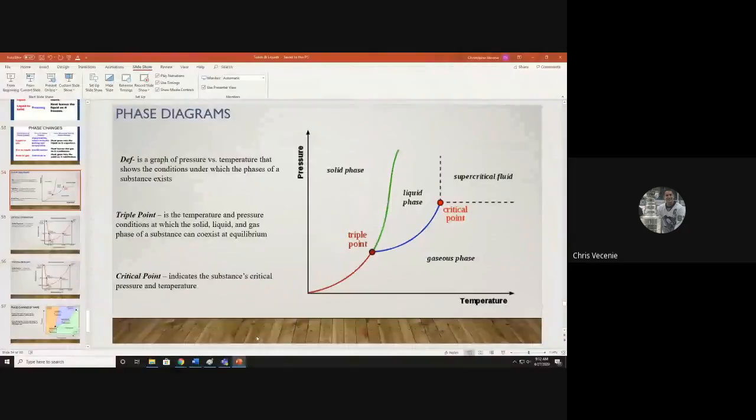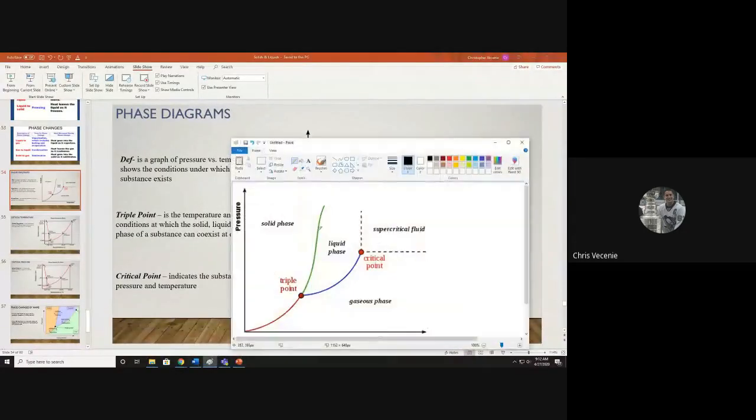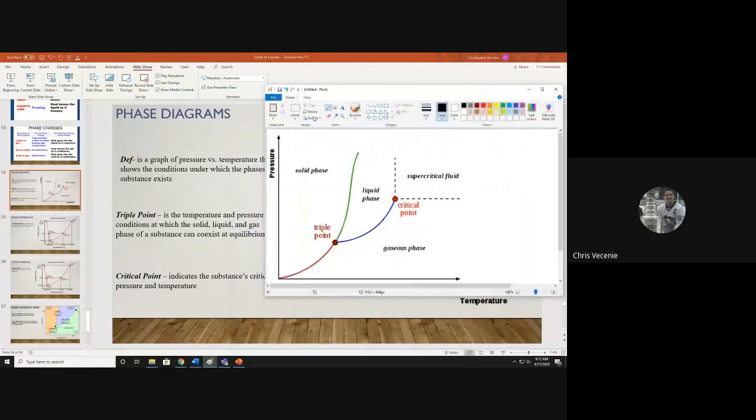If I jump out here, most substances will experience the solid phase out here in the top left. And so the solid tends to live in the upper left because low temperatures tend to make things freeze and high pressures tend to make things become solids.